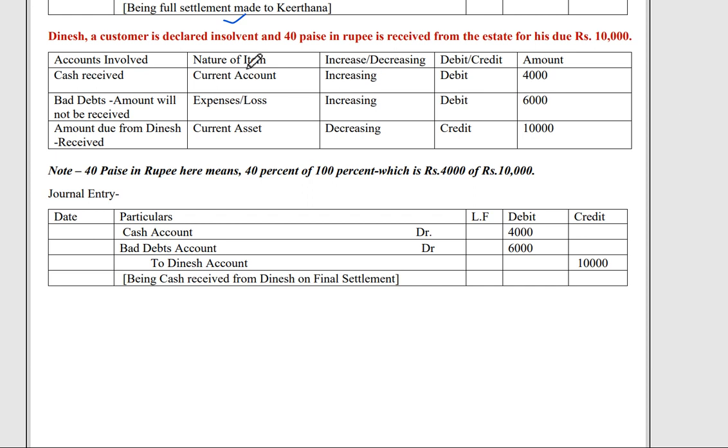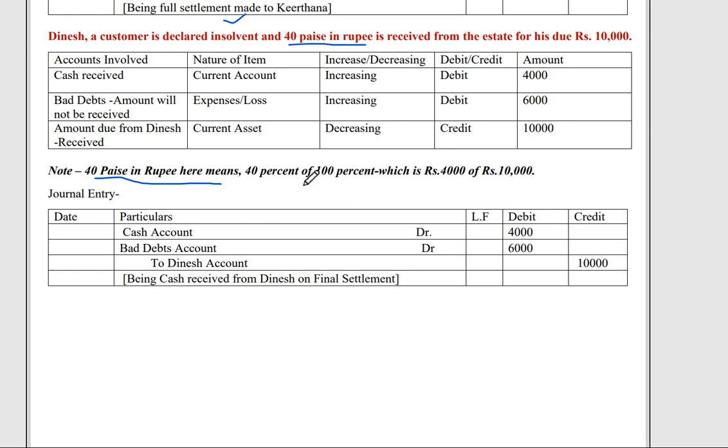But what they are saying is, though he became insolvent, through his estate, whatever assets he has, some amount, that is 40 paise in rupee, is received. 40 paise in rupee here means 40% of 100%.